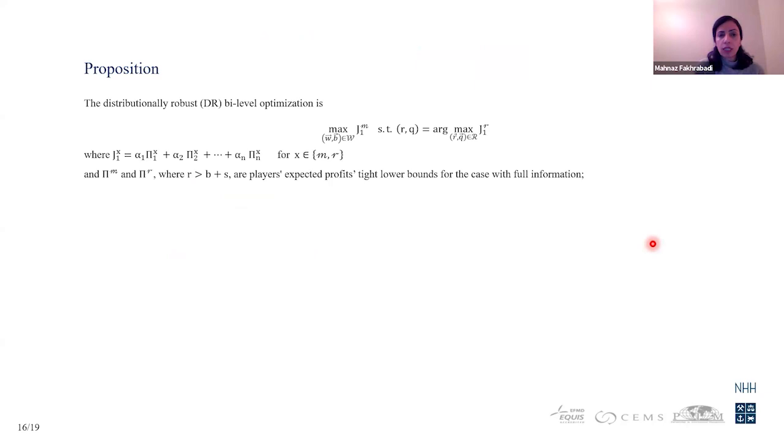We talked about the bilevel optimization for the distributional robust problem: the maximization of the manufacturer subject to the maximization of the retailer's problem, where J1 is the summation of all discounted profits. But we have to think that the retail price has to be greater than the buyback plus the salvage, otherwise it doesn't make sense.